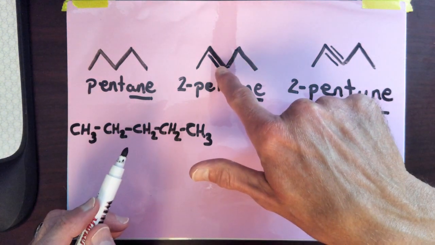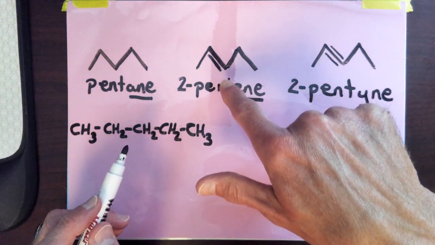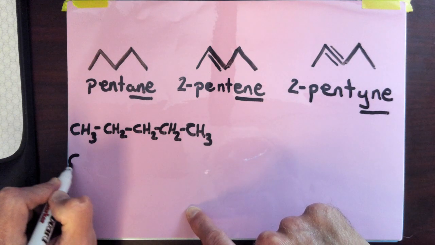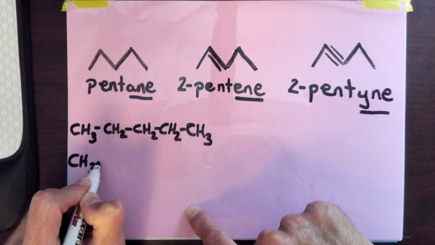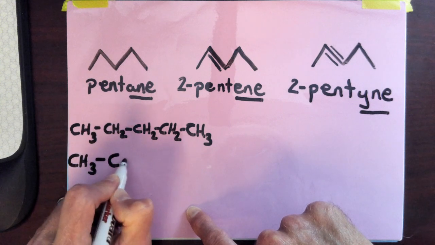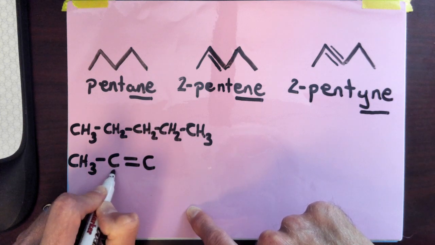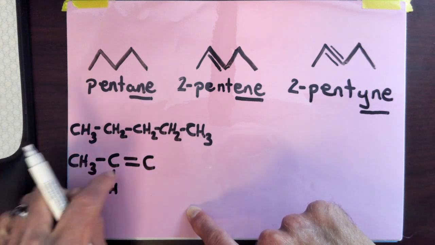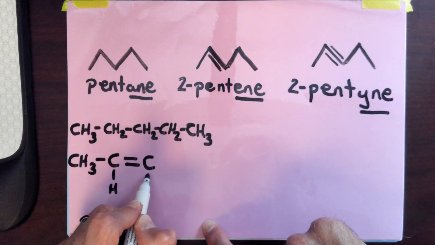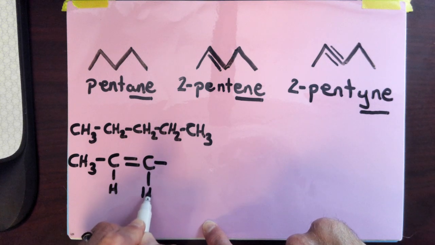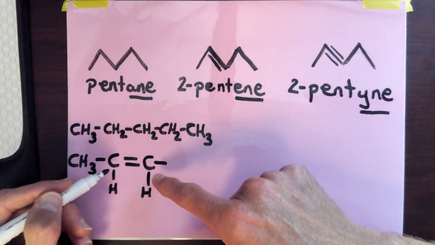And see here in the 2-pentene, at this second carbon, we now have a double bond there. So we only have 1 hydrogen present rather than 2. We only have 1 here. Again, we have 1 hydrogen instead of 2. See that double bond?